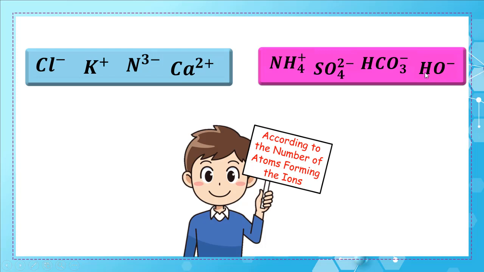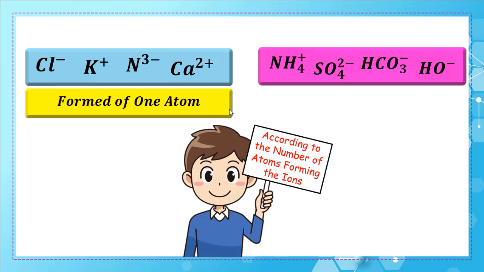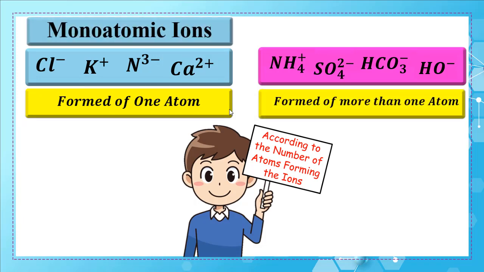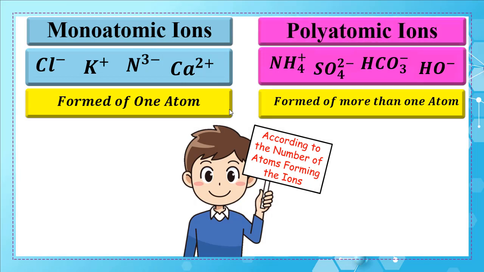So here we also have more than one atom in this ion. Therefore, these groups are classified according to the number of atoms forming each ion. The first group is formed from one atom, and it's called monoatomic ions, and the second group is formed from more than one atom and called polyatomic ions.